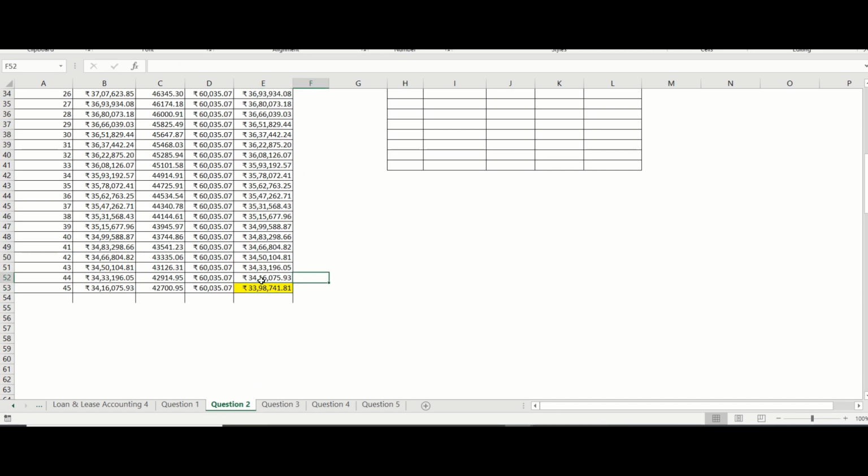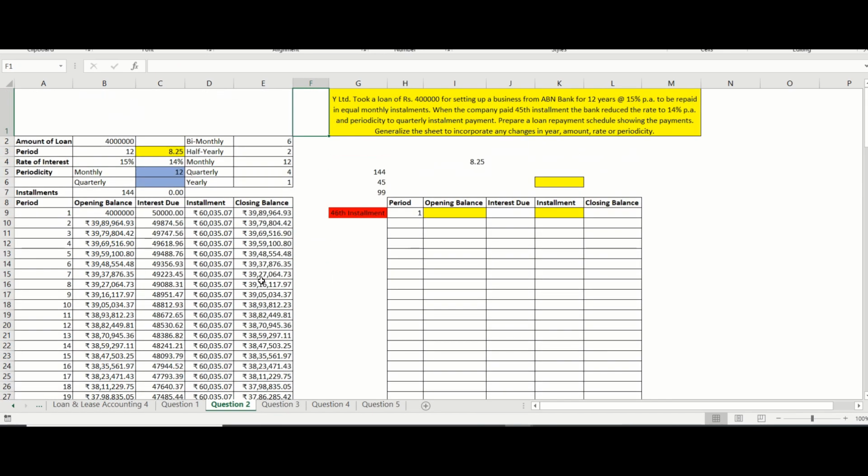ठीक है? कितने साल में और पे करने? 8.25. वाई? बिकॉज टोटल 144 इंस्टॉलमेंट्स, उसमें से हमने 45 पे कर लिया है, 99 इंस्टॉलमेंट्स लेफ्ट. सिंस वी हैव टू यूज पीरियड इन ईयर्स, we divided by 12 and we got 8.25. ठीक है? I'll repeat. पहले हमारा पीरियड 12 ईयर्स था, मंथली इंस्टॉलमेंट्स थी, तो 12 12 आर 144. 144 इंस्टॉलमेंट हमको टोटल चाहिए टू वाइंड अप दिस 40 lakhs के लोन.